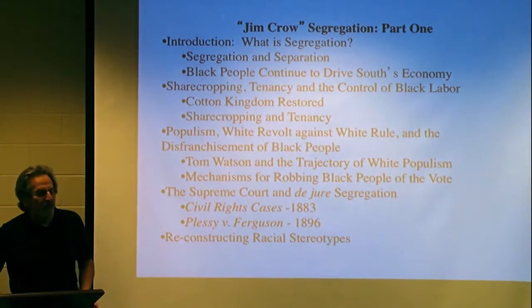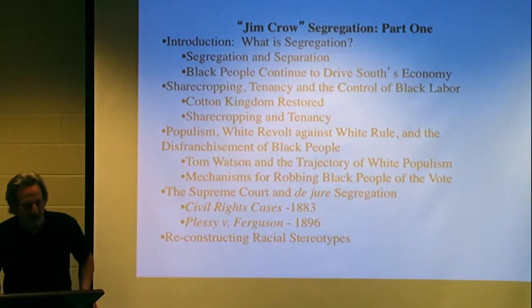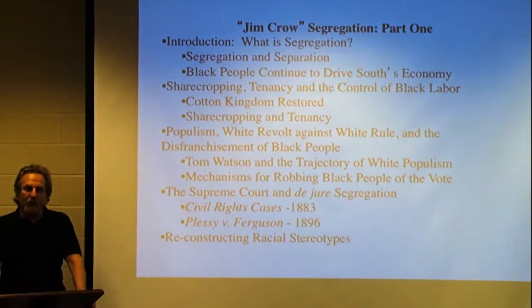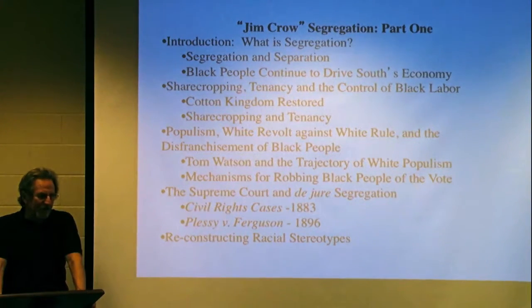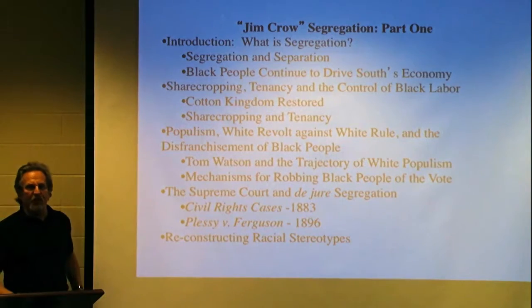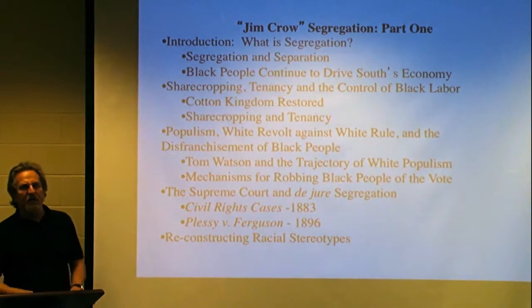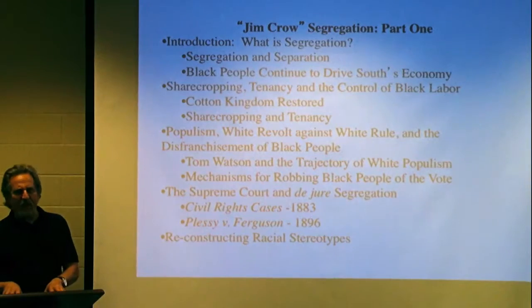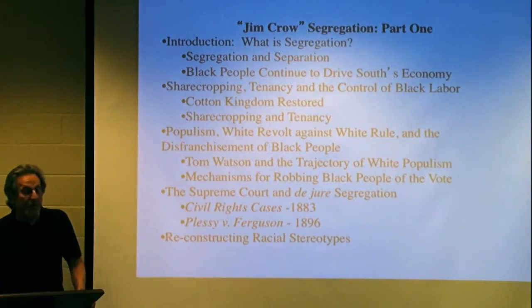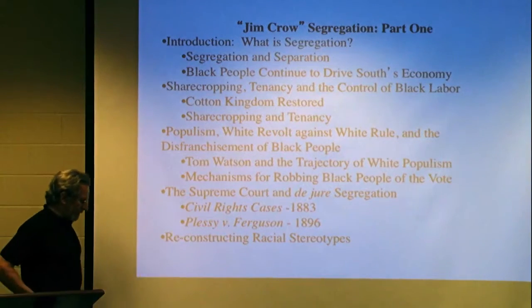And yet we don't understand segregation; it's a couple of paragraphs and maybe an hour or two in a classroom setting. I think the goal is to minimize the meaning of segregation, and thereby also, in a certain respect, disarm us in terms of being able to deal with contemporary manifestations of racial hatred.